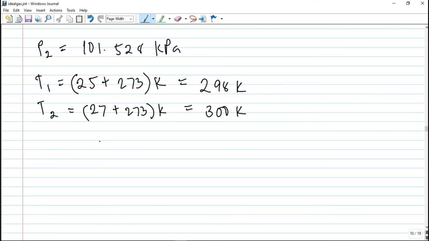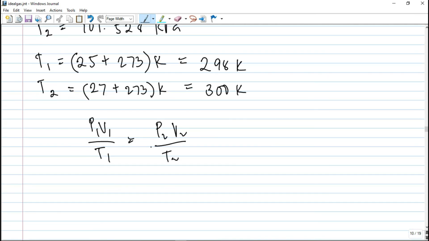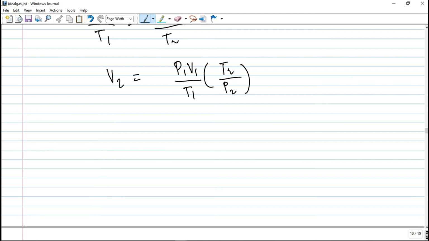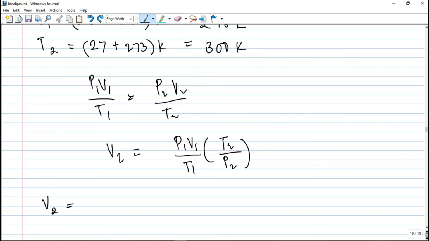So, using the combined gas law, P1 V1 over T1 is equal to P2 V2 over T2. So, we will find V2 in terms of V1. So, V sub 2 is just equal to P1 V1 over T1 times T2 over P sub 2. Okay, so let's input everything. So, V sub 2 is equal to 150.578, that is in kilopascals, times V1.